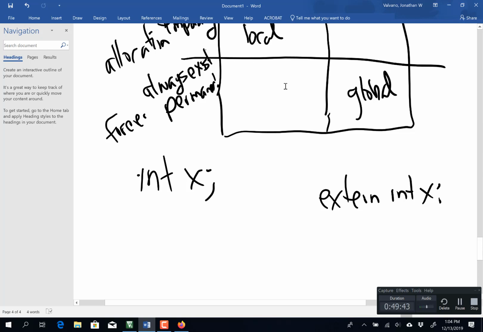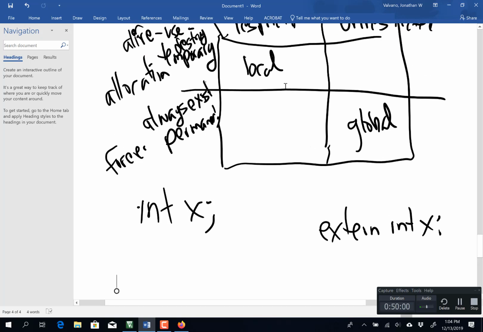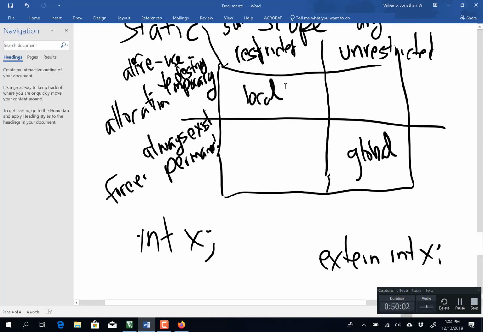How does labeling an integer or variable const impact where it is on this? You can do all of this with something that's temporary. I could put const in front of this, and it would still be a global.